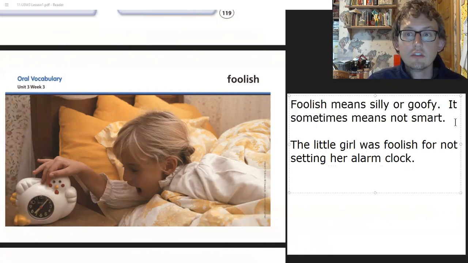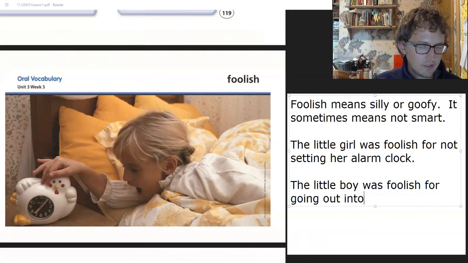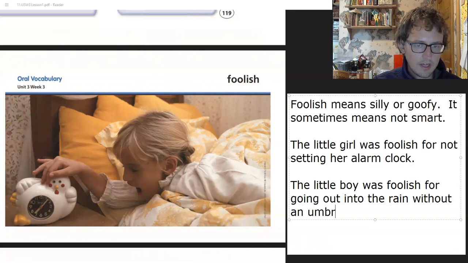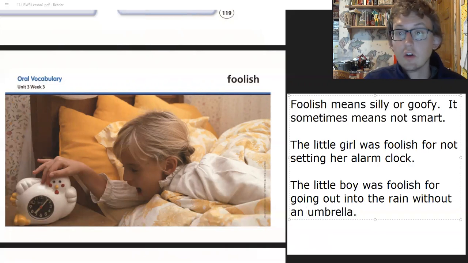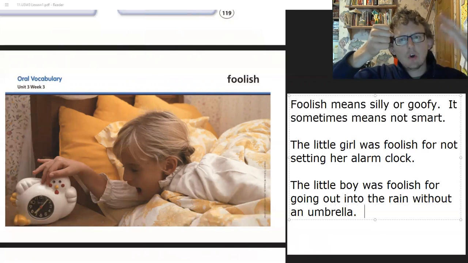So let's see, what's another example we can think of for foolish? I have an idea. The little boy was foolish for going out into the rain without an umbrella, right? When you go outside and it's raining, you have to take an umbrella, or else you get so wet.